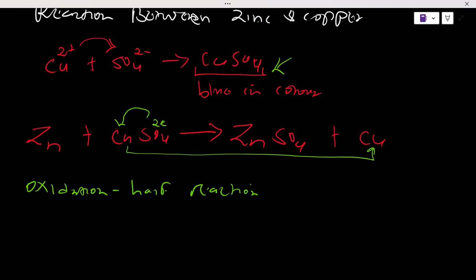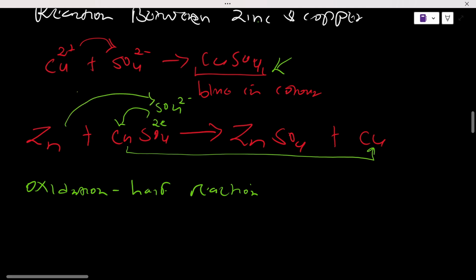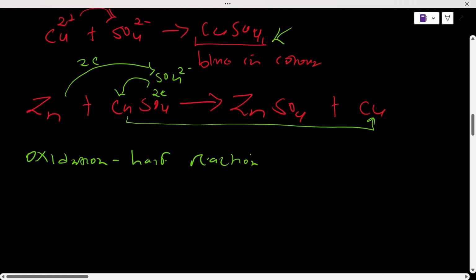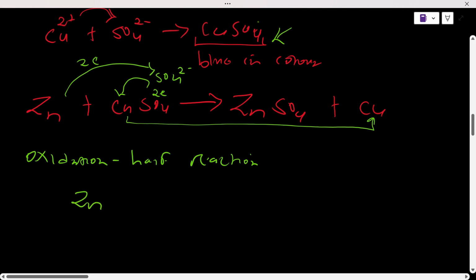Now, after returning the two electrons, sulfate is still in a deficit, which is when it is going to gain electrons from zinc. So that's why zinc must undergo an oxidation half reaction by donating electrons. So what are we going to have? I'm going to have zinc forming zinc 2 positive and donating 2 electrons. So it has undergone oxidation half reaction.